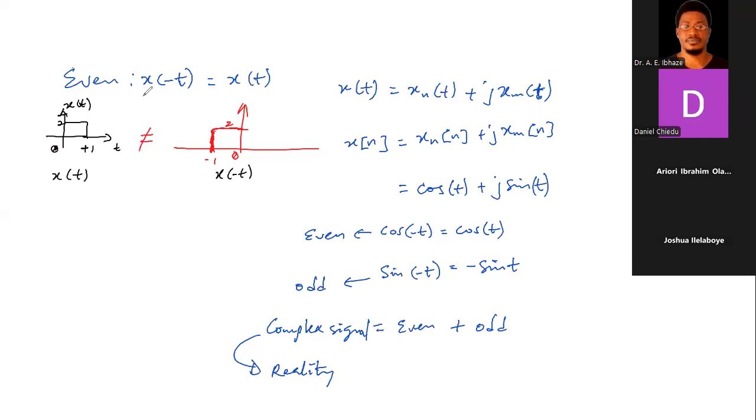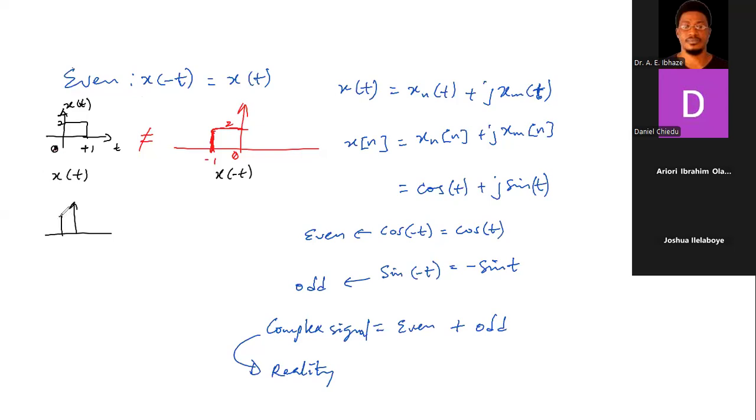Because should we perform time reversal on the signal, it should be the same for that signal to be even. So an example of an even signal should be some finite band limited signal.